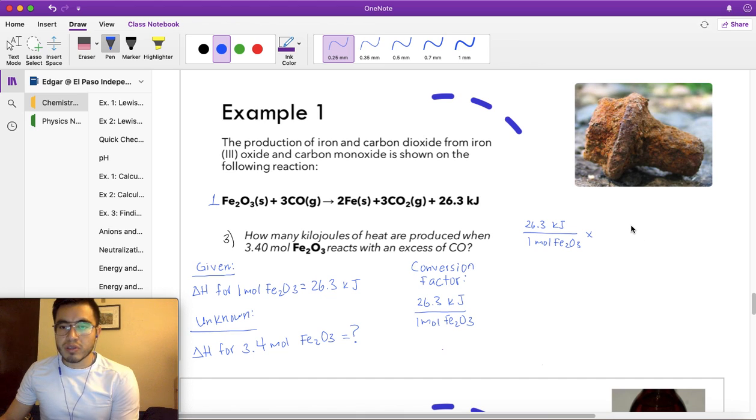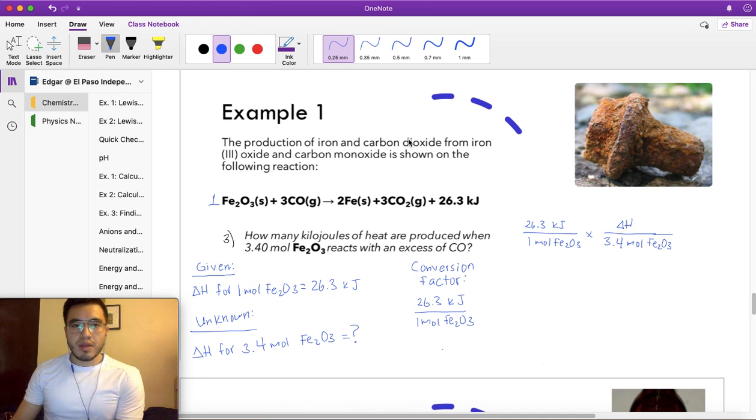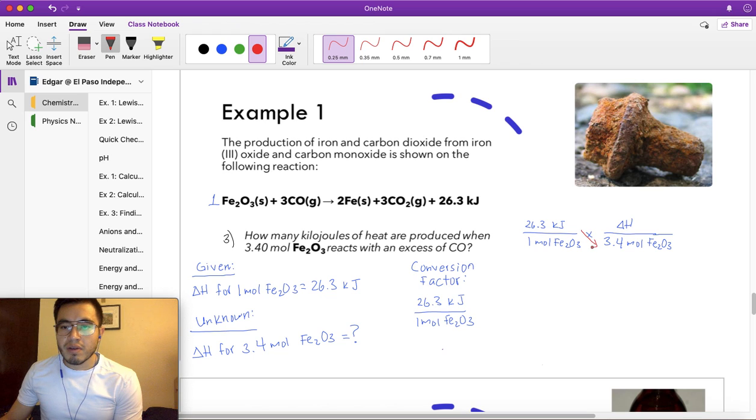Remember, delta H goes on top. We don't have delta H. That's what we're looking for. So we write just delta H per 3.4 moles of rust. I'm using red to indicate direction for cross multiplication, although I'm pretty sure you're good with this.